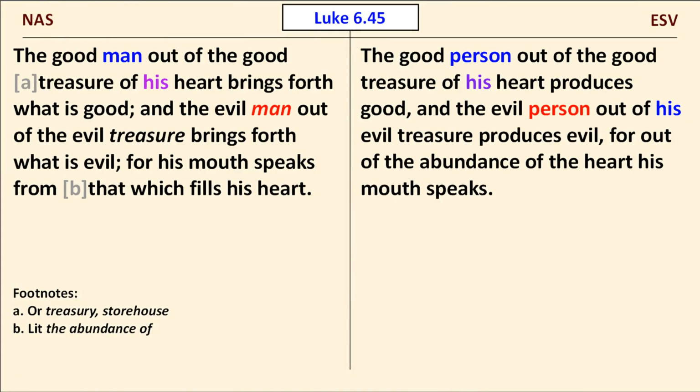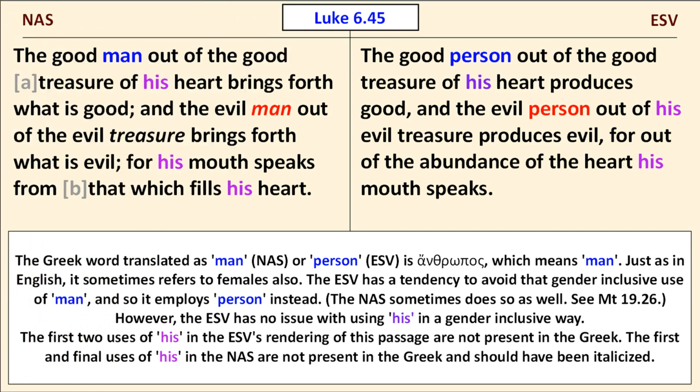Let's look next at Luke chapter 6, verse 45. Here we see a disagreement over whether "man" or "person" is the best English word to use in the first sentence. We also encounter more pronoun replacements. The Greek word the NAS translates as "man" and the ESV translates as "person" is anthropos, which means man.